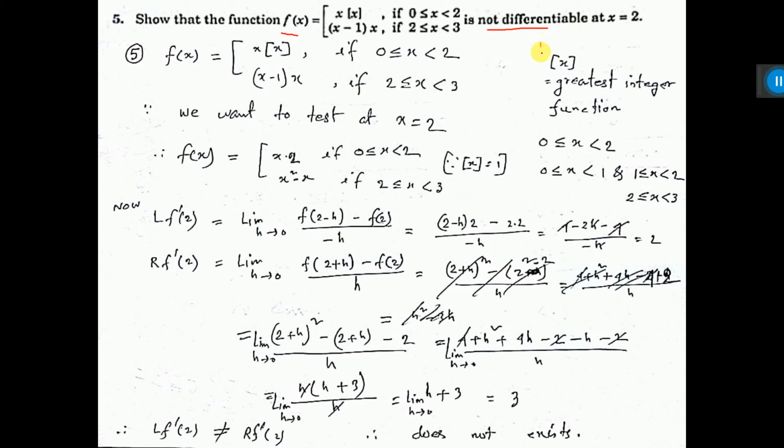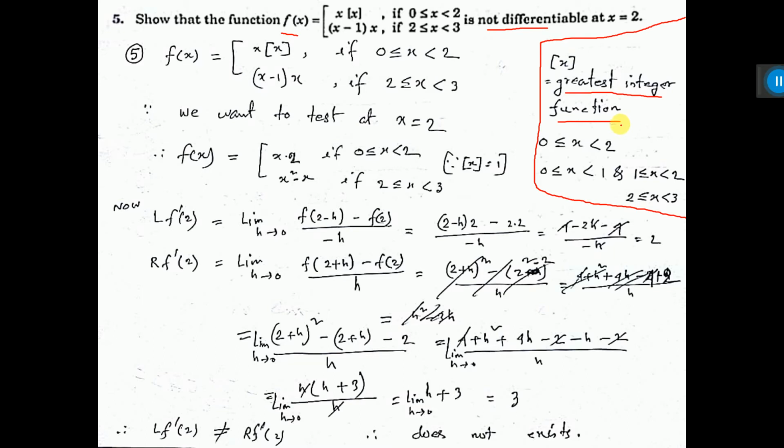Now first you understand this part. I have written [x] within the third bracket, that is the greatest integer function. You have to memorize this. When you write x within the third bracket, this indicates the greatest integer function.